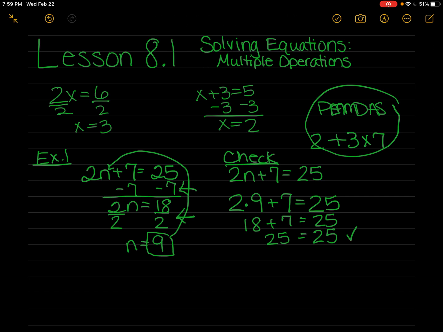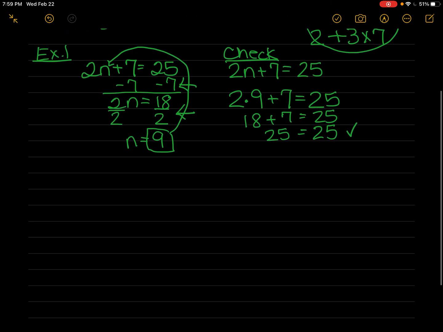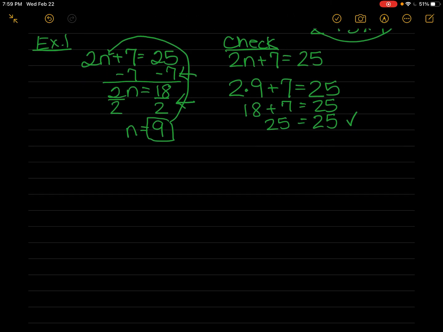Okay, that's one of the most simple ones that we'll have. You may even see one that looks like x divided by 3 minus 2 equals 8. This one had times and plus, and down here we're doing divide and subtract. This problem would be exactly like we did right there. This isn't actually an example.